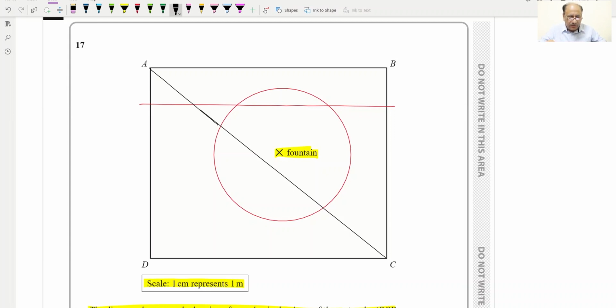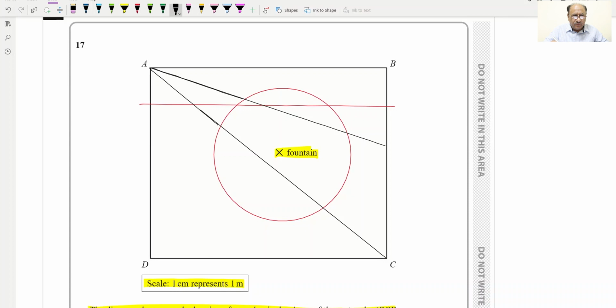So this is the AC line. Closer to AB than AC means we have to draw the angle bisector of BAC. So the angle bisector of BAC we can draw like this.